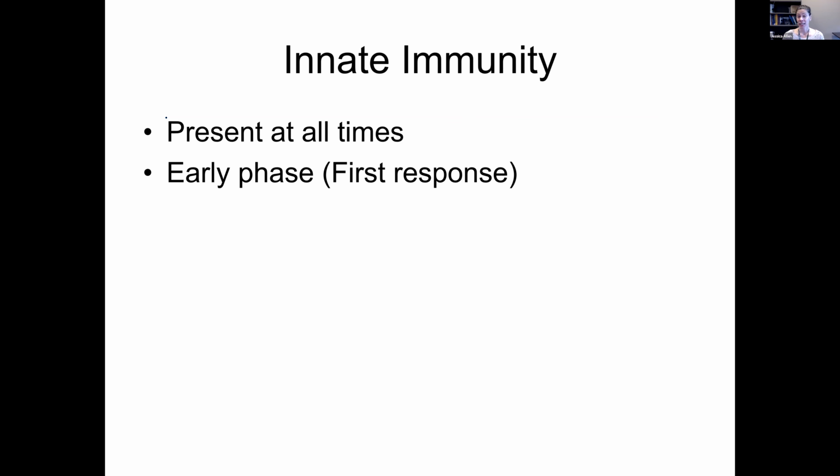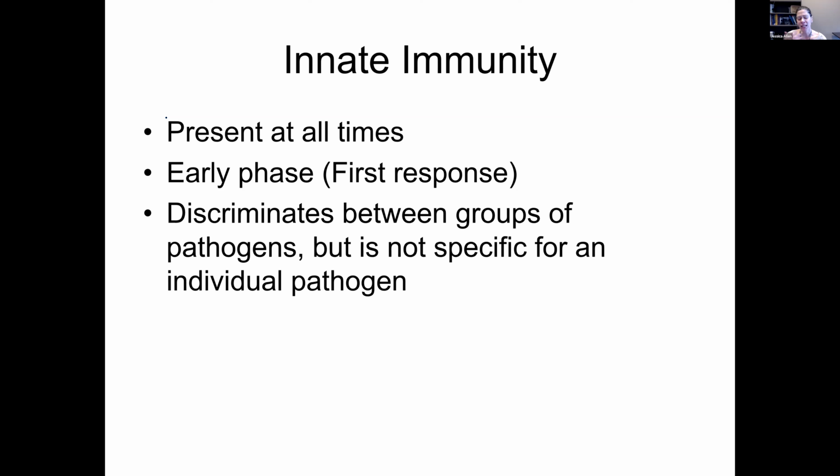It's there all the time and it's the first response. Just like if you had some sort of emergency at your house and called 911, even if you do need a cardiothoracic surgeon, that's not the first person who's going to show up. It's going to be those first responders, those generalists who have a sense of a lot of different things, but aren't always able to specialize and be quite as precise. Because they're not specialists, they can distinguish and respond differently.